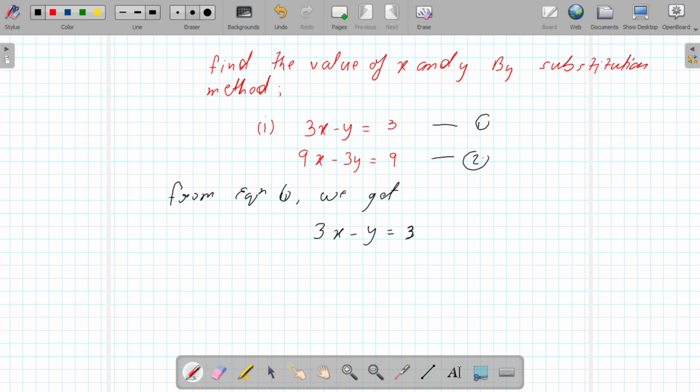So x will be equals to 3 plus y upon 3. This will be the value of x.